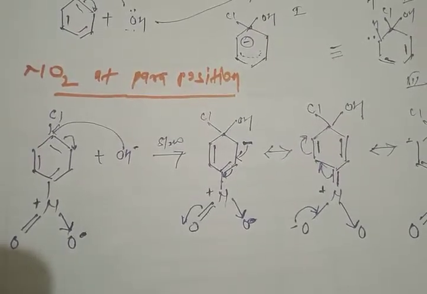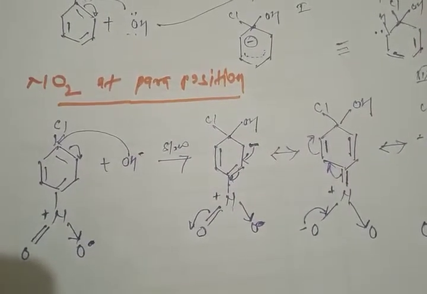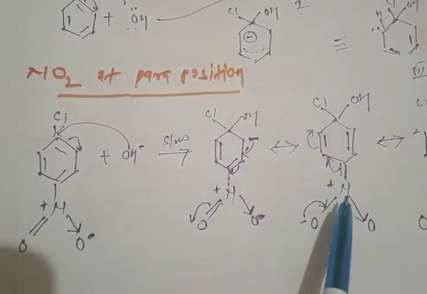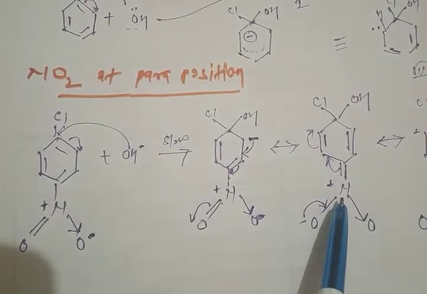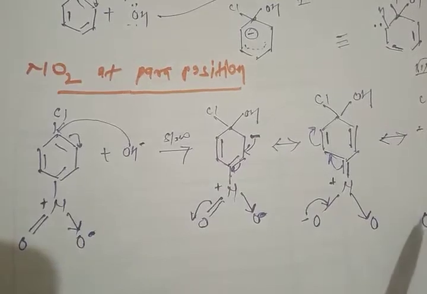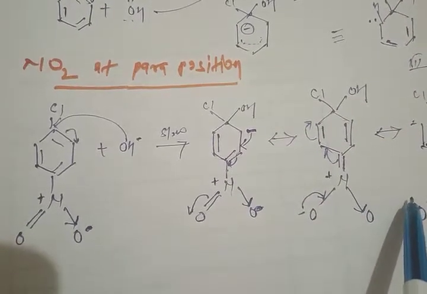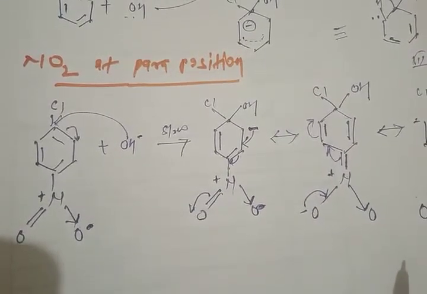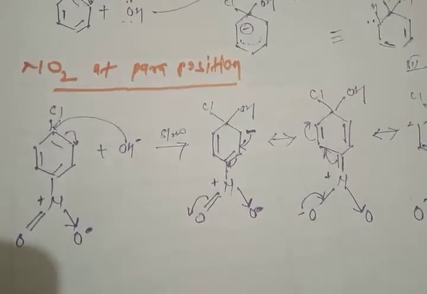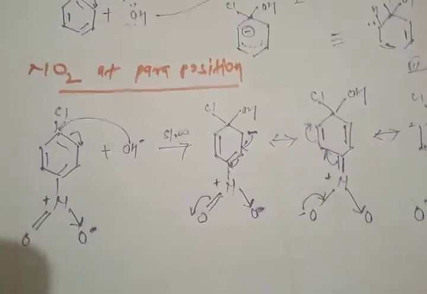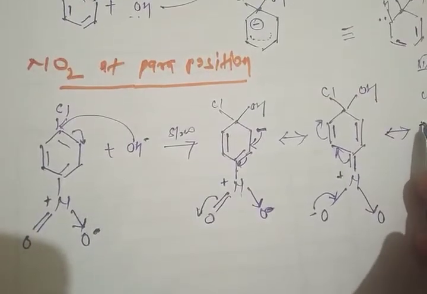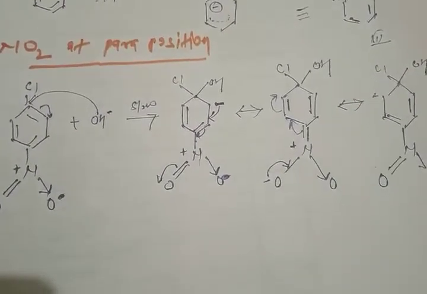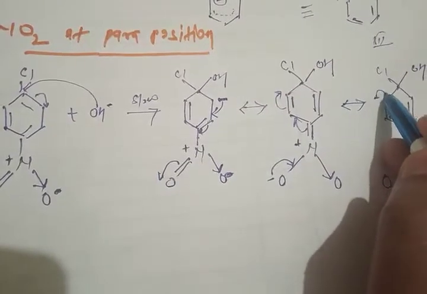So as you can see, the first step, and the second stage, then the third stage, and then we can go for one more step, if you move this electron to here.